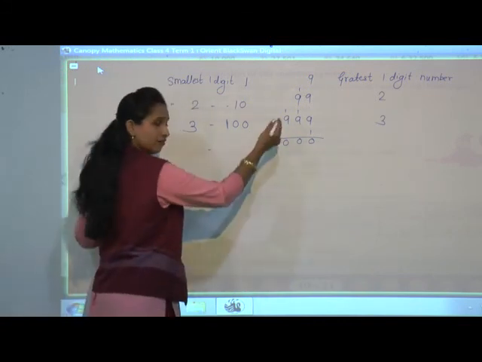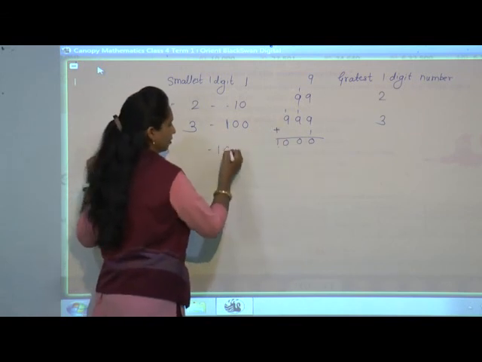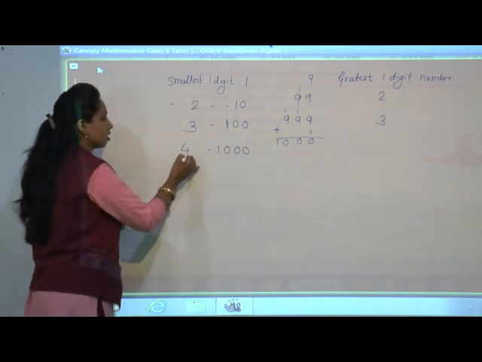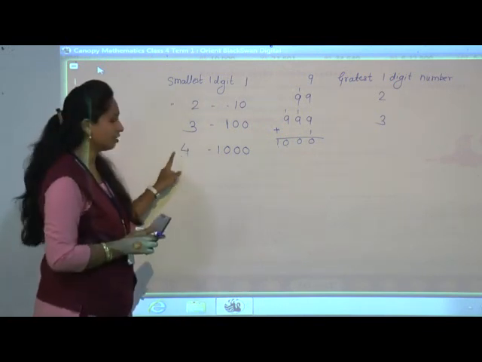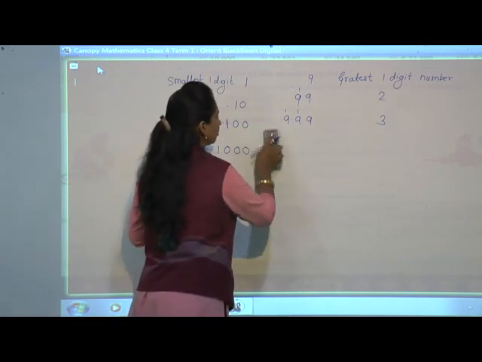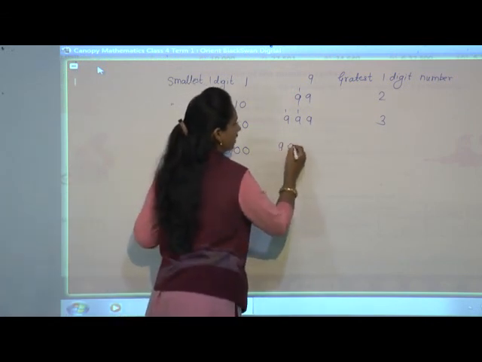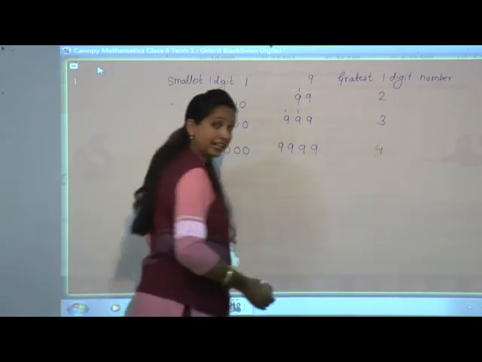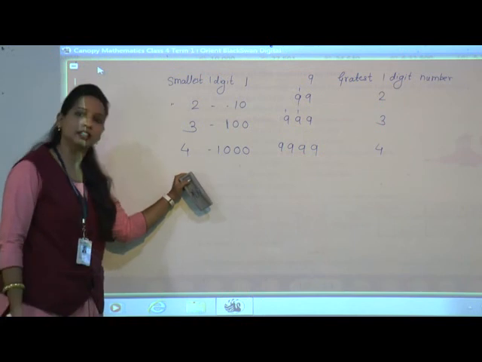When we do the addition, it comes automatically. Here is 1000. 1000 is the smallest 4-digit number. And 9999 is the greatest 4-digit number.